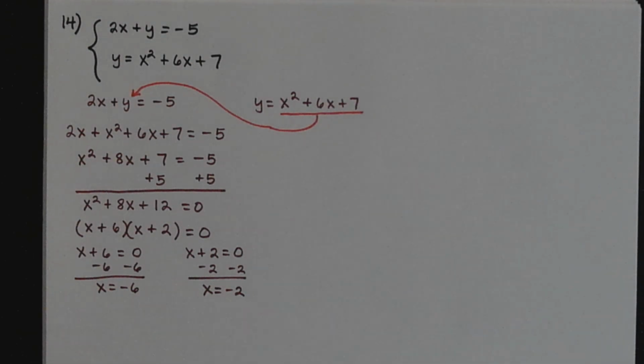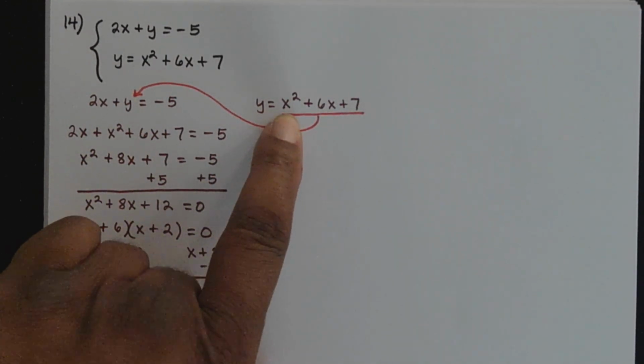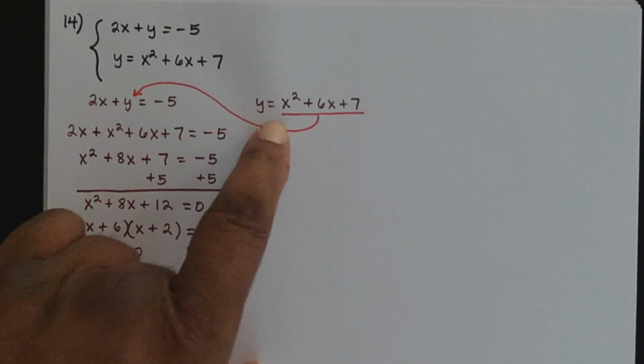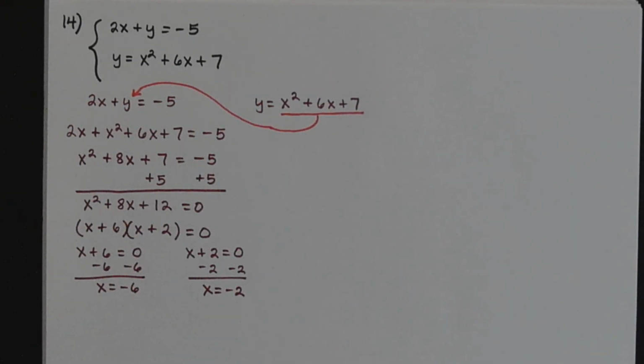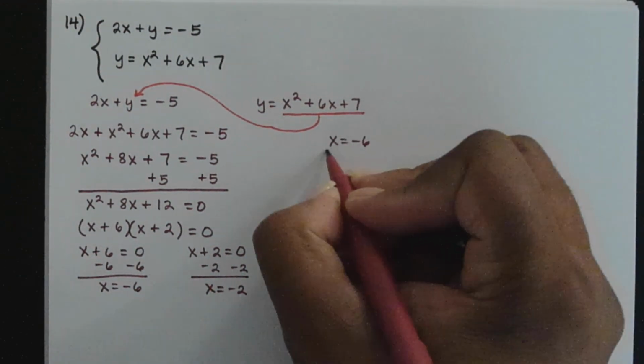And for each one of those, I have to find out what y is. Well, I know what y is. I have y equal to the x squared plus 6x plus 7. So let's use that to help us find out the values for y for each of these x values here. Let's start with x equal negative 6.